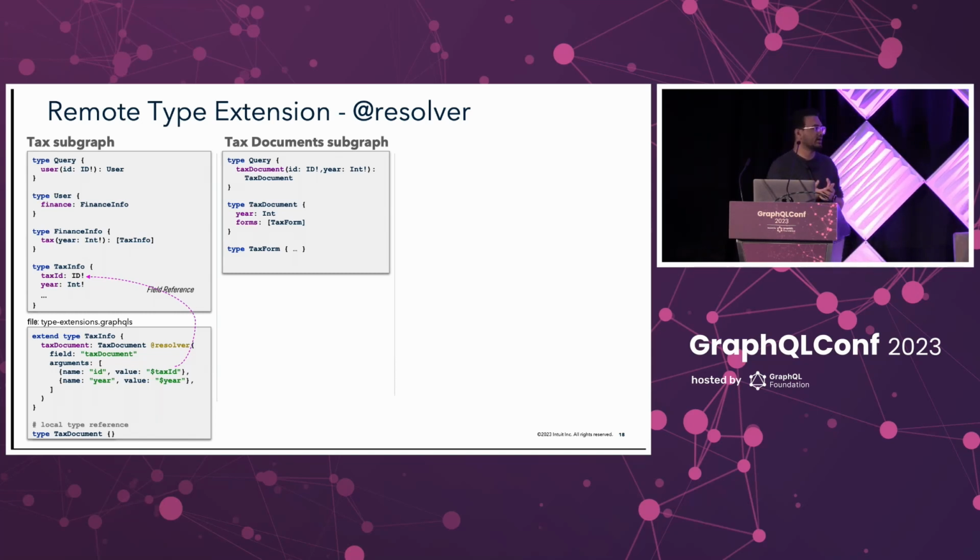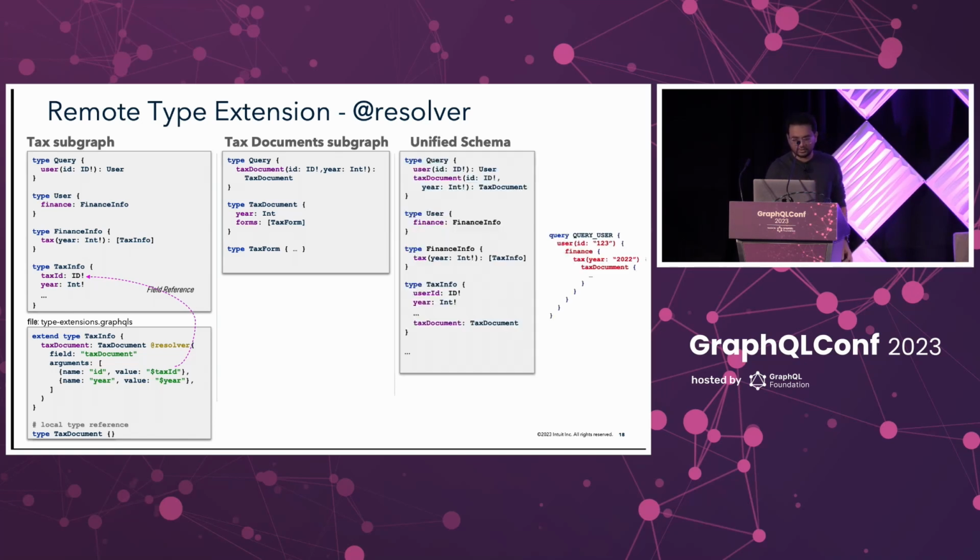So you can keep different argument names and stitch them together. Now the final unified graph looks like this, where the tax info type has the tax document type, and this is what is visible to the client. So the client makes a single query, and it just merges together into one.